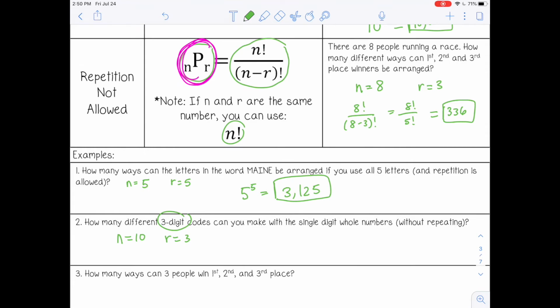So again, you can use your calculator here, or you can use the formula. I'm using this formula here. So 10 factorial over 10 minus 3 factorial, which is 10 factorial over 7 factorial. And I am going to use my calculator here. And I get 720.